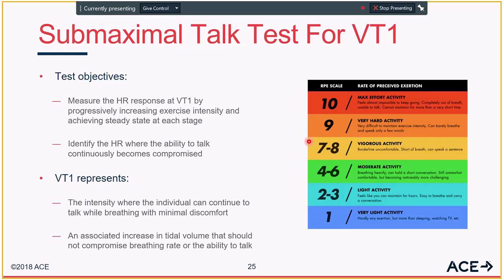And then if you're not able to say any words at all, you're probably in that VT2 area. So that's that 9 and 10 on the 10 scale. So you can kind of teach your client that. That's a good way to get them to work out at a certain intensity for their cardio. And we'll go over more of this VT2 and VT1 stuff during cardiovascular training. There's a whole lecture on it in the IFT model.